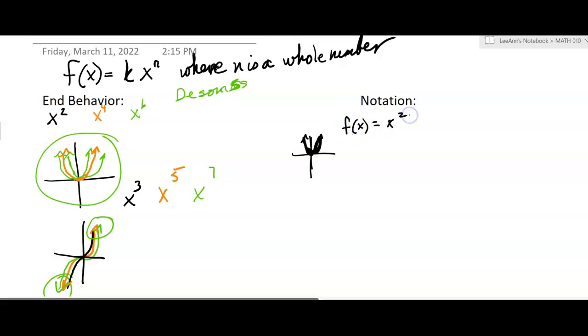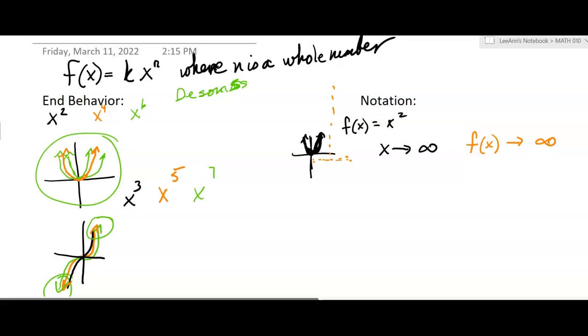So let's say it's the x squared function, and you see those arrows on the end. Then we're going to say as x goes toward infinity, so as my x value, my input, is going this way toward infinity, my output is going up and up and up. So we can say f of x is going toward infinity, or we say approaches infinity.